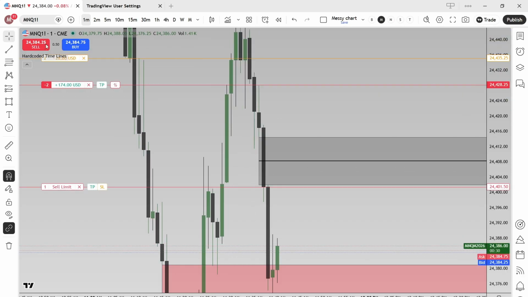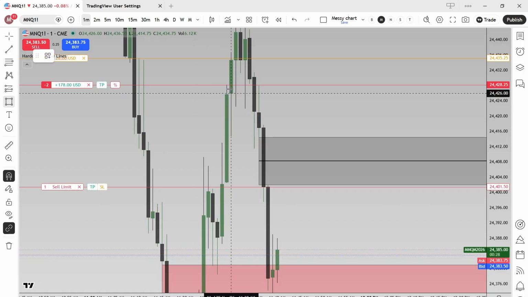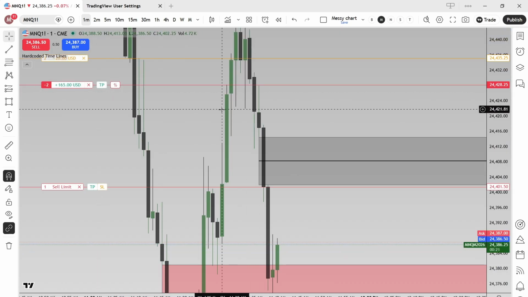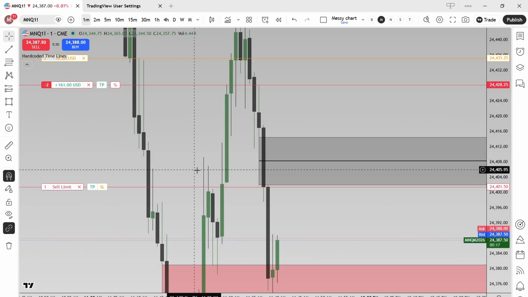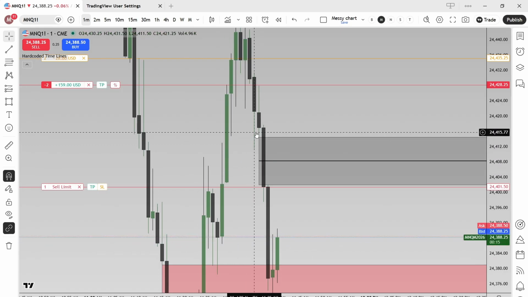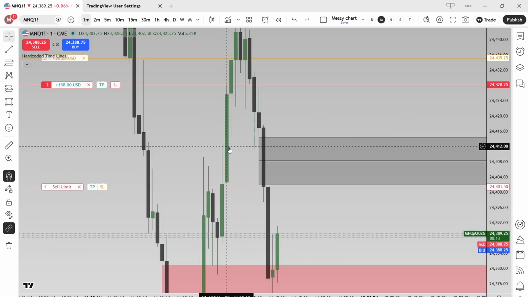This one, I'd like to see left open. There's no gap there. I don't know what I was looking at. That's an equal dealing range, so I'd like sell side offered.